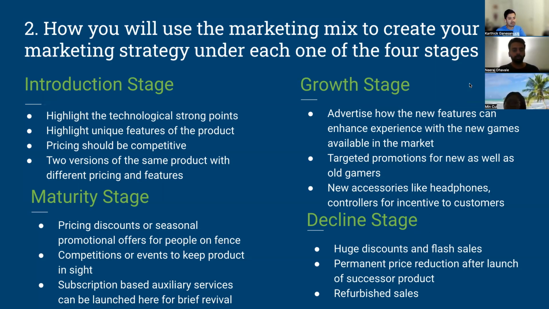And to give a sense of variety, two versions of the same product with different features and pricing can make a difference between a customer buying it or not. So that is something which would be great in the introduction stage.